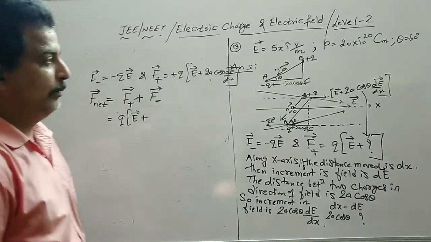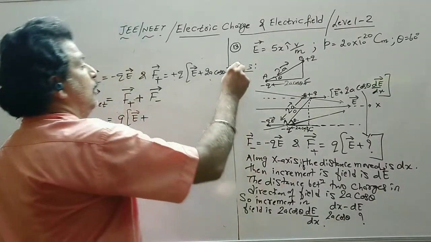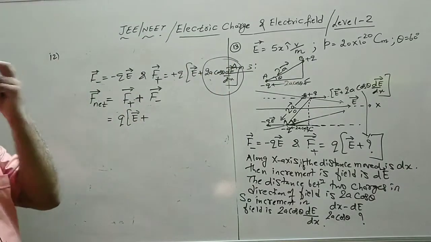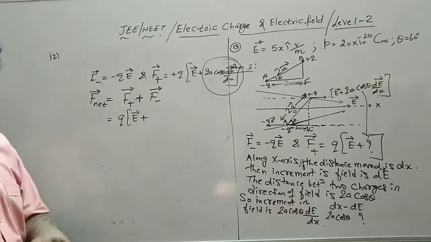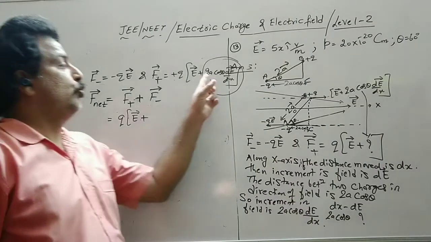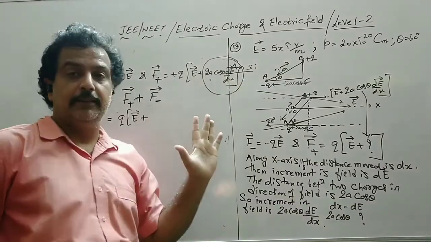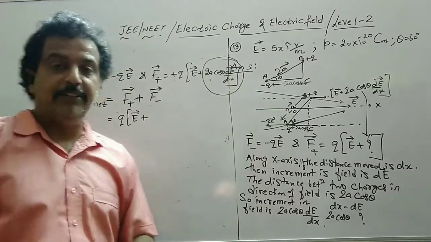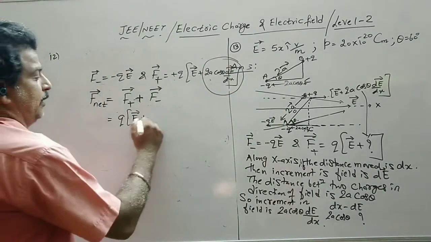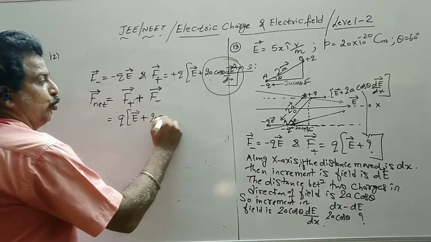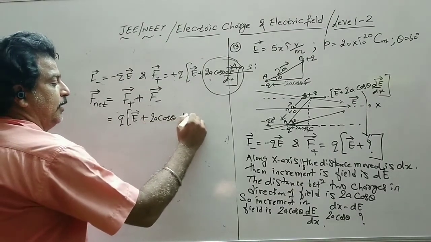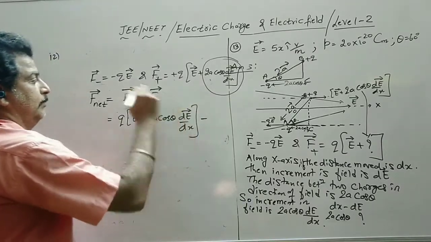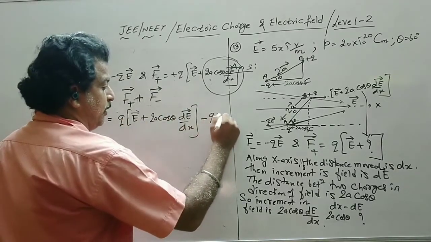So you have to now remember this formula also, that the change in the direction of the field is 2a cos theta dE by dx. If the field is along the y-axis, you write here dy. So E vector plus 2a cos theta dE vector upon dx, with a minus sign for the opposite direction.